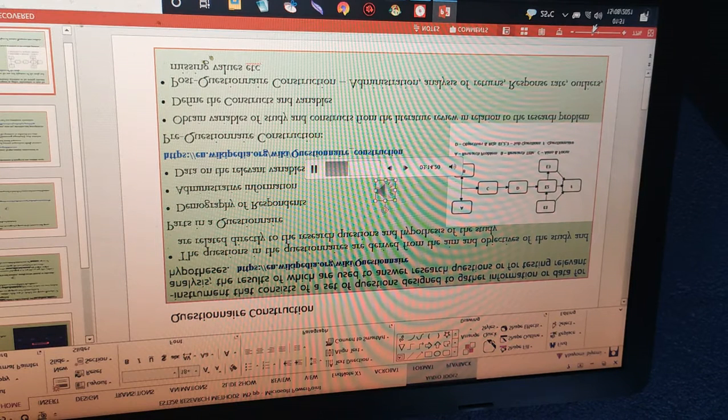Then pre-questionnaire construction. You must obtain your variables of study and constructs from the literature review. I have said that before. What you are going to question must have been done before, and you can get the constructs and their sub-variables from the literature.